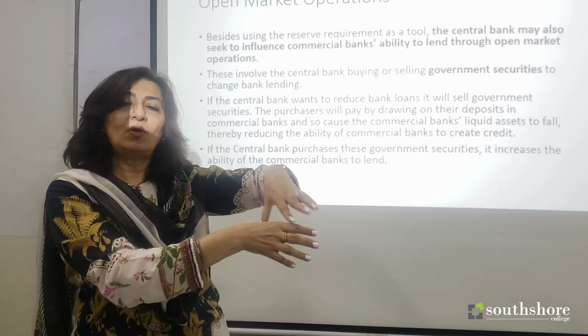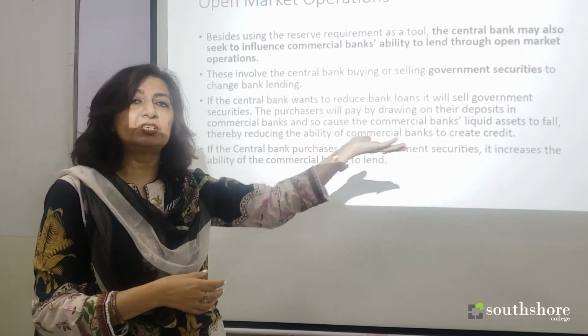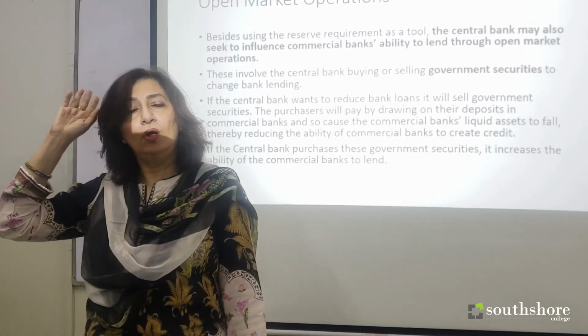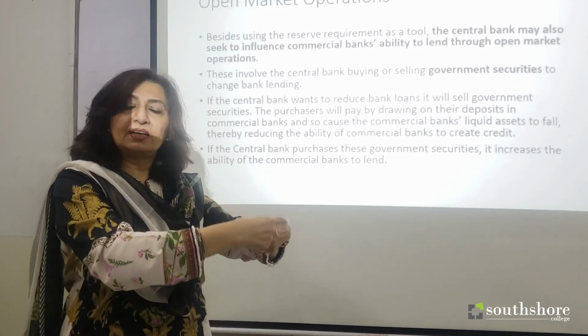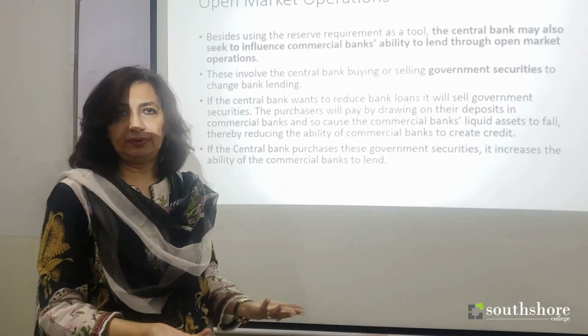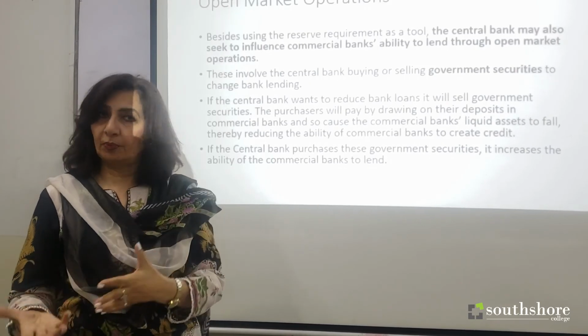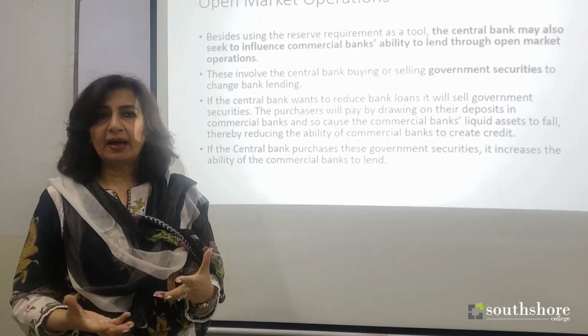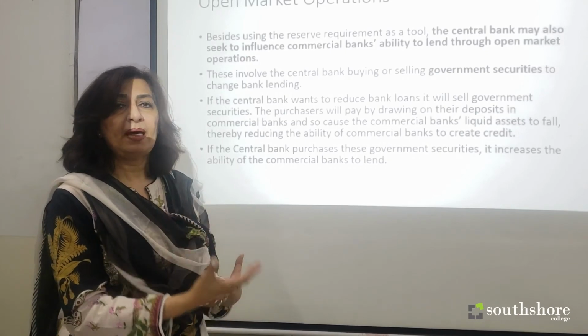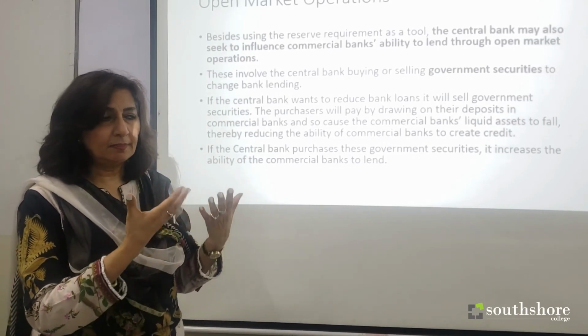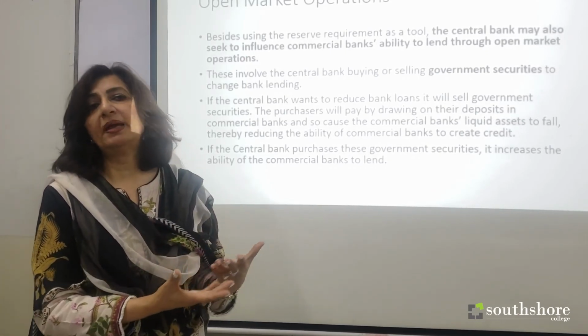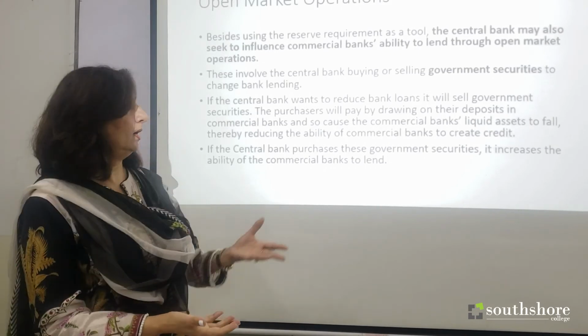So what will happen? Automatically Habib Bank's operational balances with the central bank will go up. So then Habib Bank will start creating credit, for example, right? So that's the concept of how through open market operations the central bank can affect the capacity of commercial banks to lend. Alright?